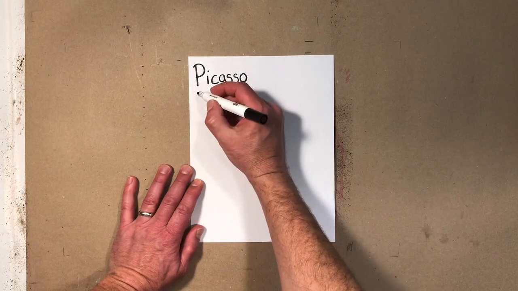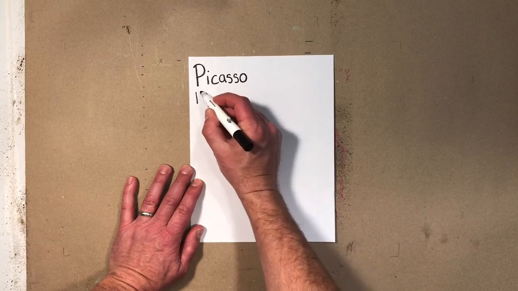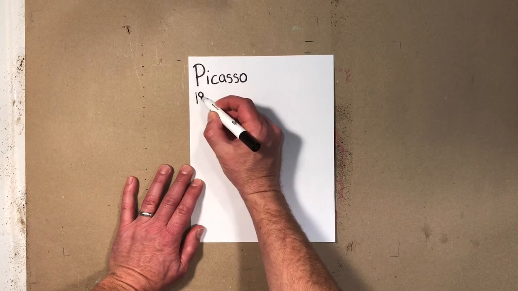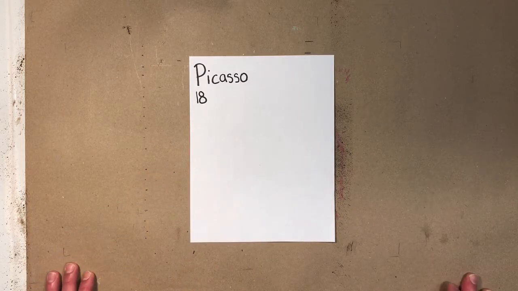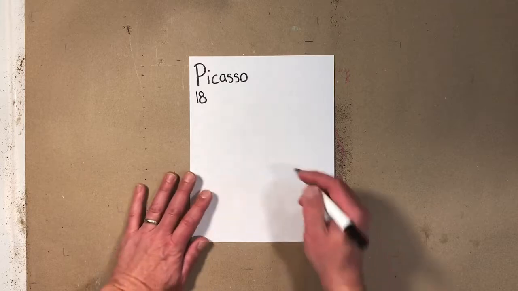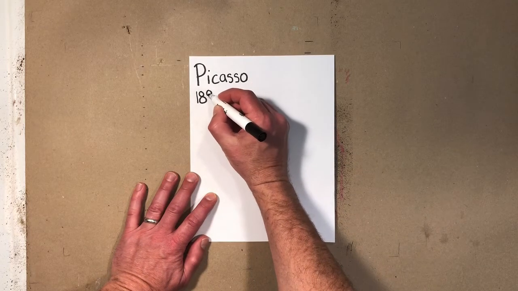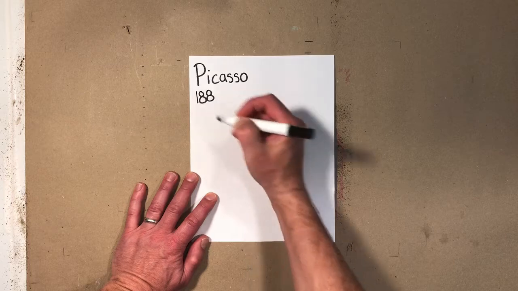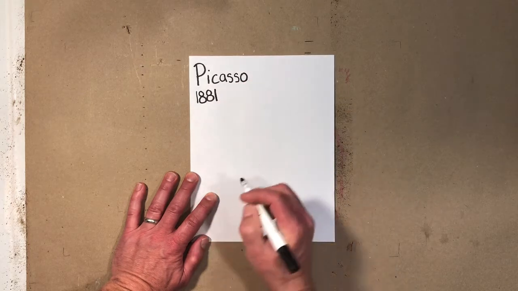And we're going to put the dates that he was alive. So he was born in 1881, so it's a 1 and an 8. And as always, you can feel free to stop and pause this while you're doing some work at any time. Then another 8 for the 81 part of this. And then another 1. 1881.